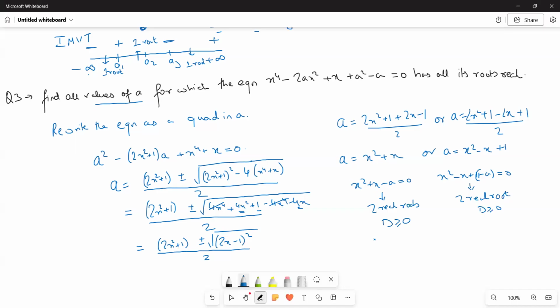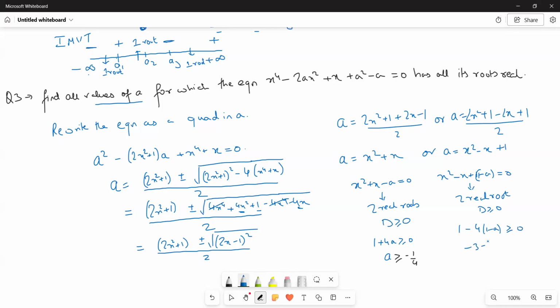यहाँ पे क्या हो गया, b square 1 minus 4a is greater than equal to 0, 1 plus 4a is greater than equal to 0 और that will give us a is greater than equal to minus 1 by 4. और यहाँ पे d greater than equal to 0 करेंगे तो आएगा 1 minus 4 times (1 minus a) is greater than equal to 0.